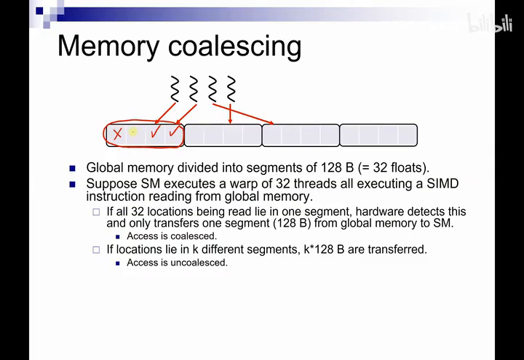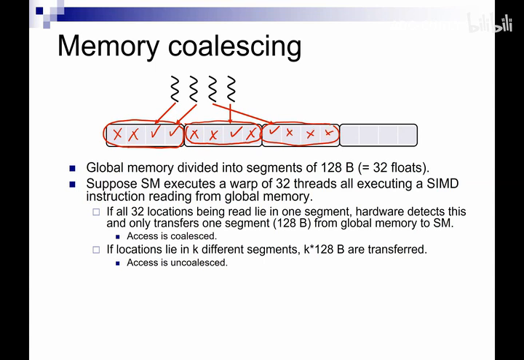It's going to transfer data that we don't even need, but that's how the hardware works. It's also going to transfer data from the second segment. As long as a thread accesses any data from a segment, the GPU is going to transfer the entire segment, including data we don't need. And it's going to transfer a third segment. We only need this one, but we get all this other stuff we don't need.